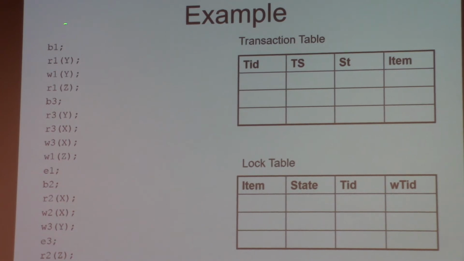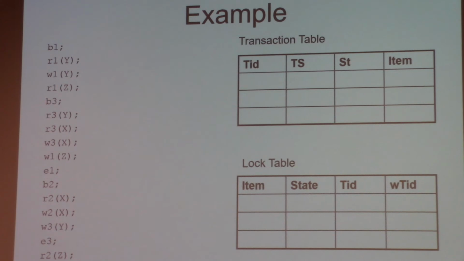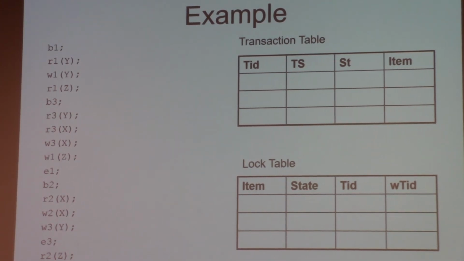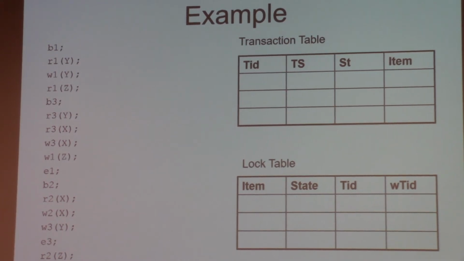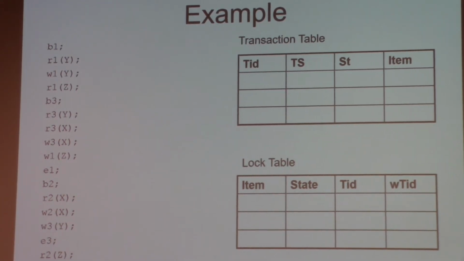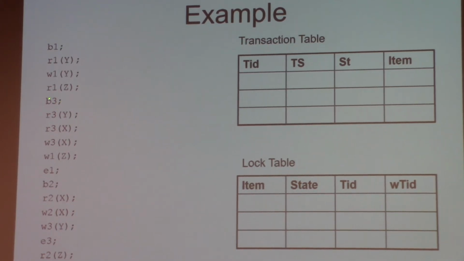On the left-hand side, this is the sequence of operations. First, B1, the number means the transaction. We are going to assign the transaction number based on timestamp. So the first one will be 1, the next one will be 3, and so on.